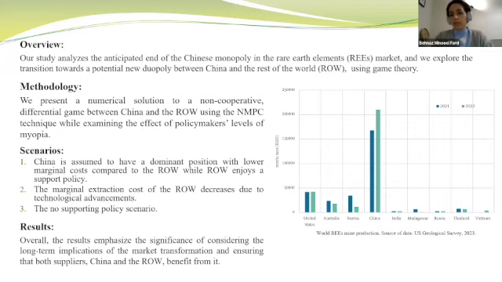We are particularly interested in the situation when China's monopoly in the REs market will finish, and we have a transition towards a duopoly between China and the rest of the world. For predicting this situation, we use the NMPC technique, nonlinear model predictive control, which helps us to have a numerical solution and also consider policymakers' myopia, which I will explain later.